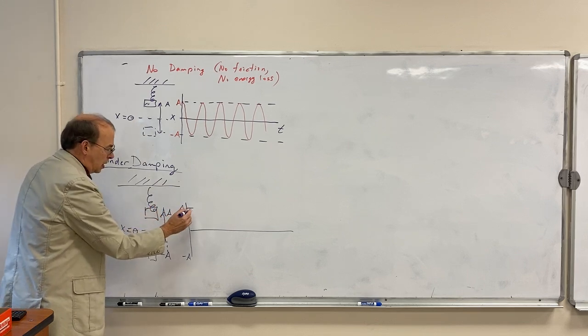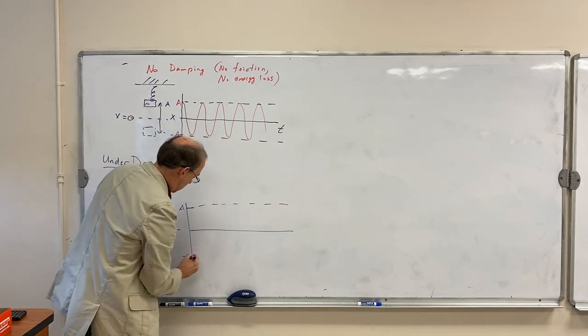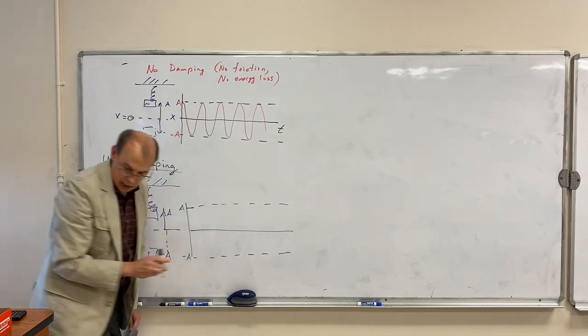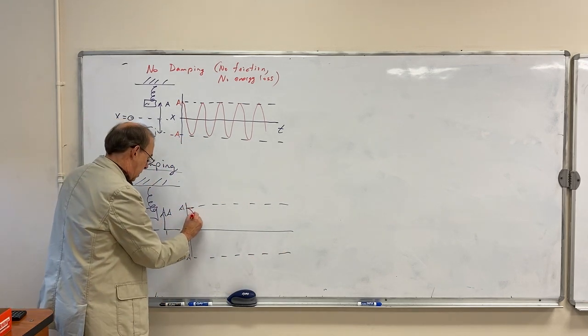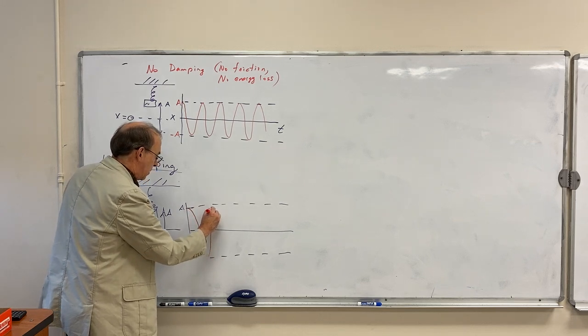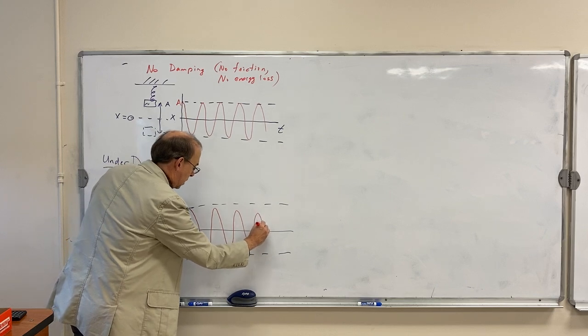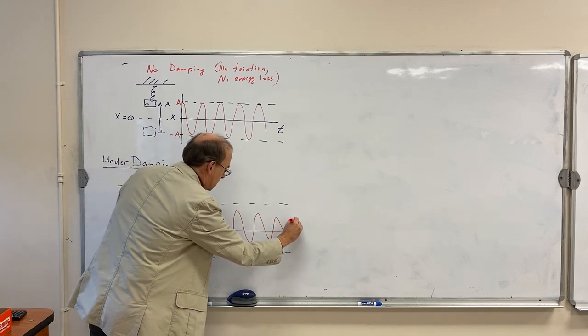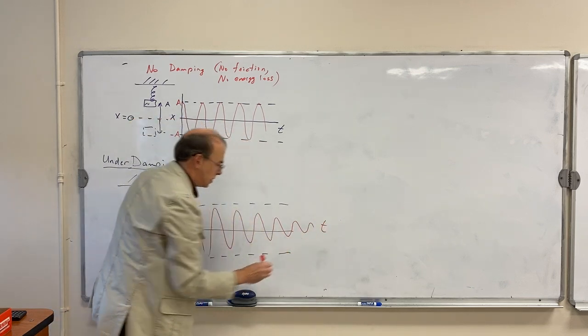So as this oscillates, instead of going between A and minus A, it doesn't quite make it all the way back up, and the oscillations decrease like this. So this is time again.